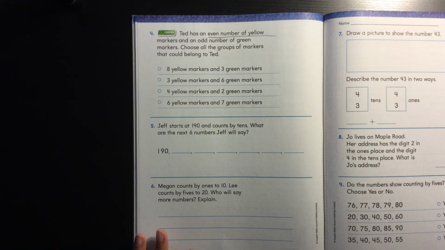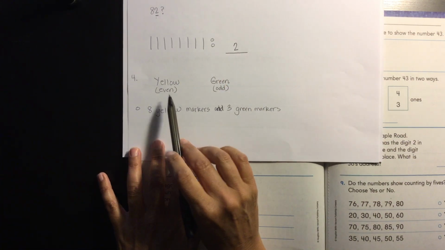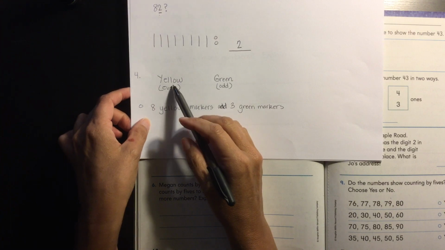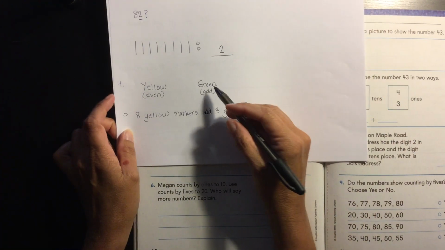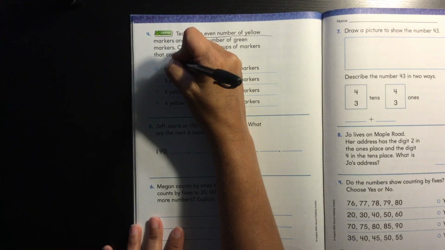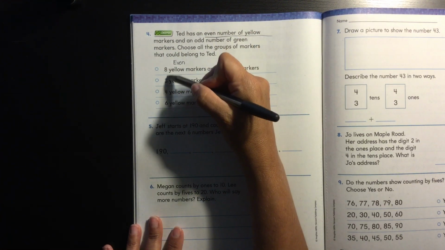So what I did is I wrote yellow up above it with even in parentheses so that I would remember that the yellow markers need to be an even number and green needs to be an odd number. So in your book, it might look something like this. Even could be written up above the yellow so that you remember that these numbers should be even if it could be the markers that belong to Ted.